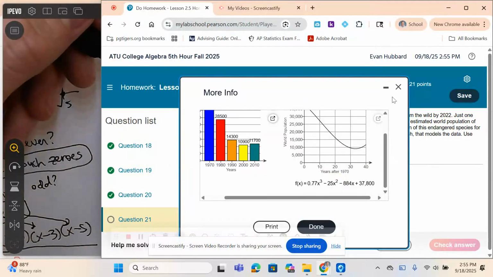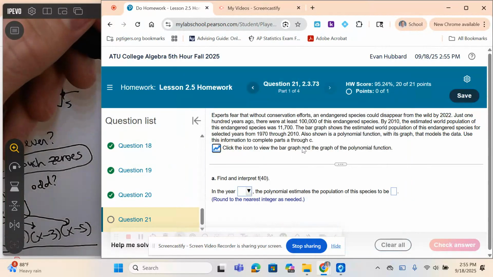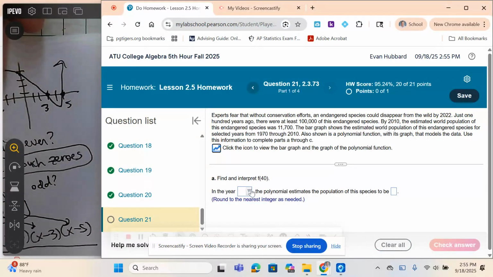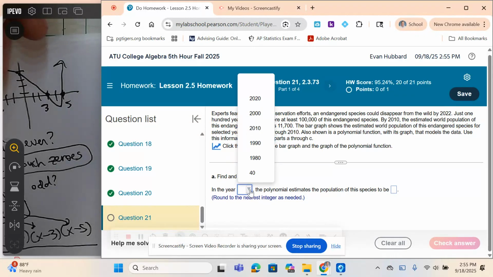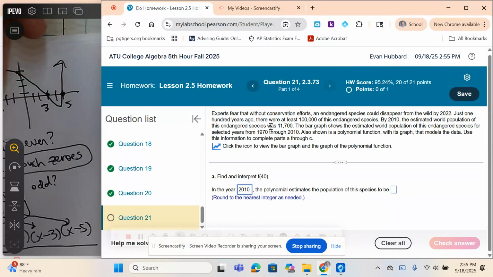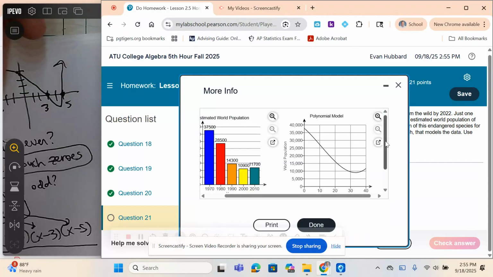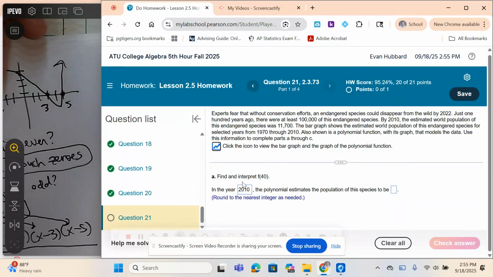So the interpretation: 40 is years since 1970, so 40 would be in the year 2010. Let me double check. Years after 1970, so we add 40 to that. 1970 would be year 2010.